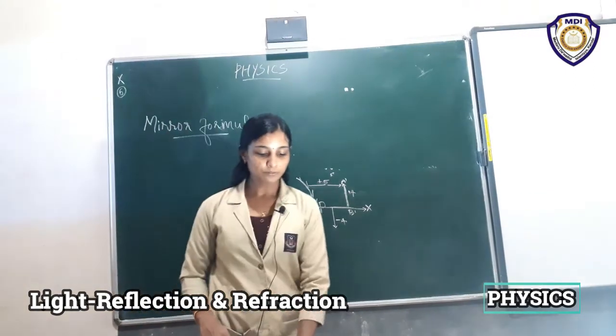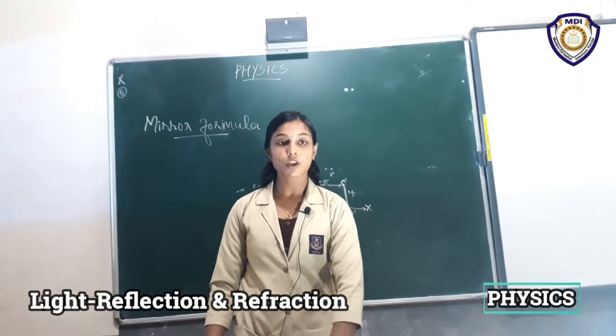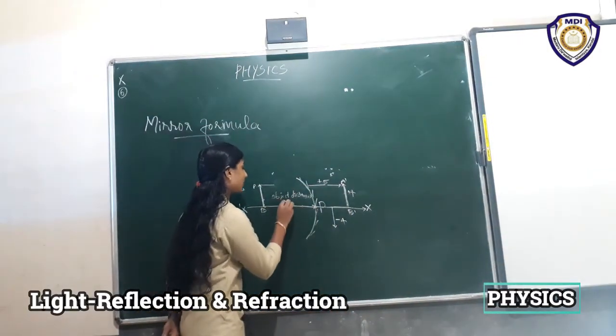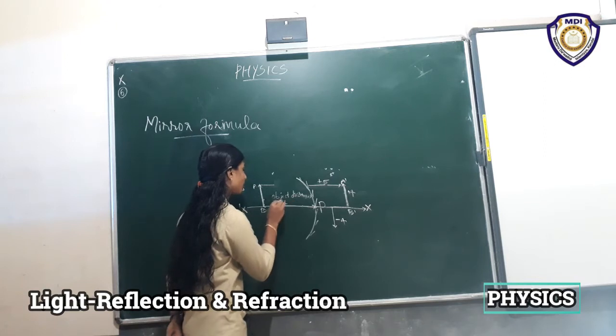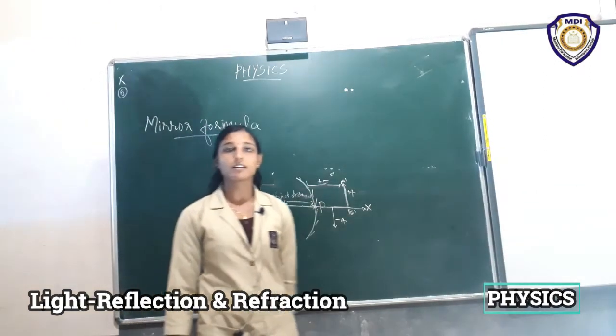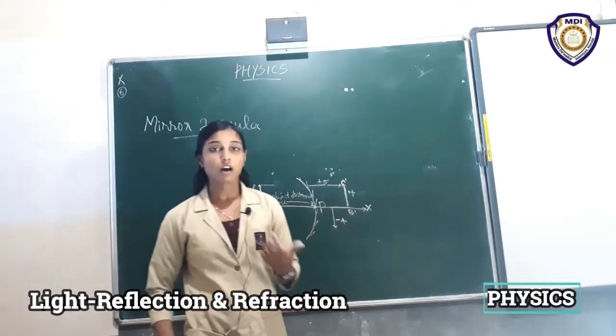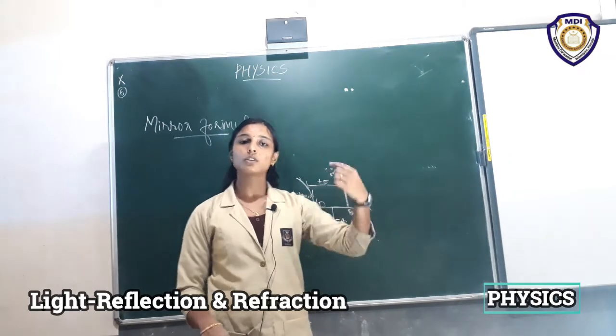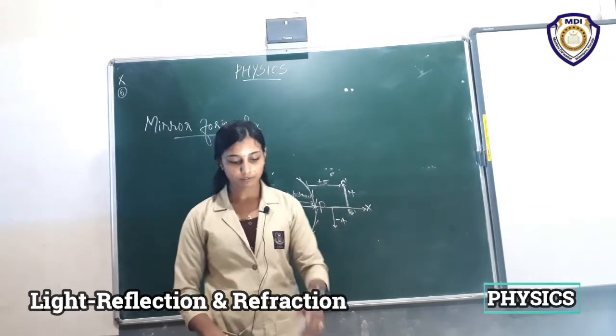This distance is called the object distance, and it is denoted by U. So U is the distance from the pole to the object.